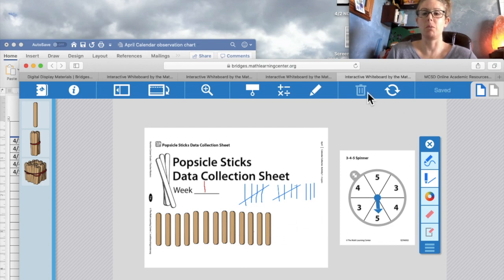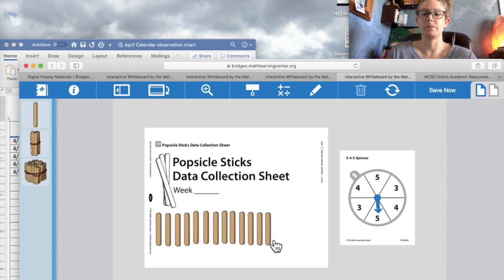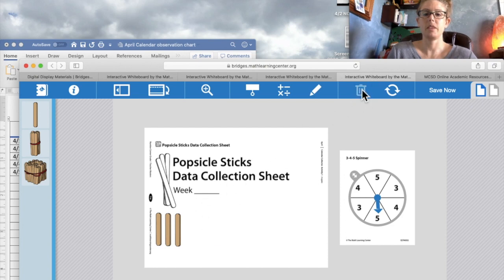So let's take away some of our popsicle sticks. And we want to save the 3 1s. There we go.